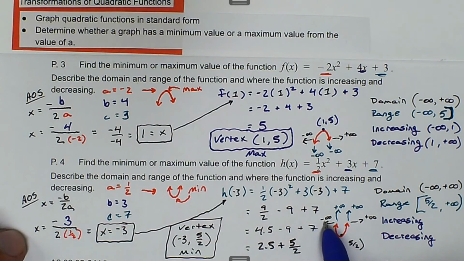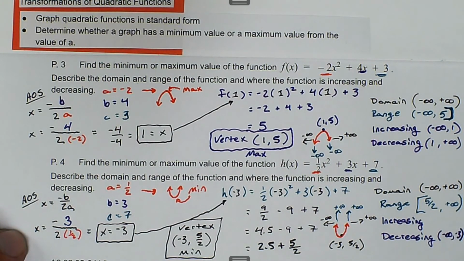So decreasing is going to start at -infinity, and it's going to go all the way to the vertex, which is -3. So neither one is included. So we're going to go from -infinity to -3. Neither one is included. And then for increasing, we're going to start right at the vertex, and go to +infinity.